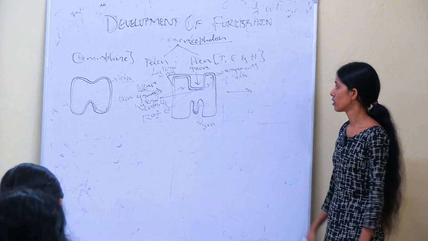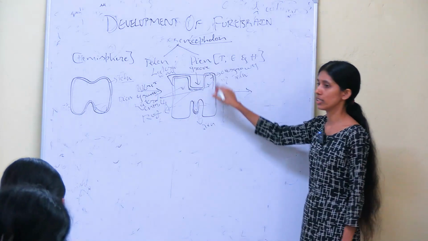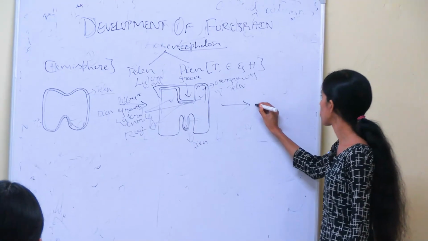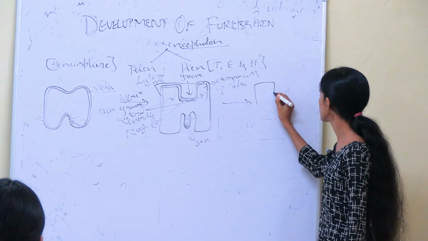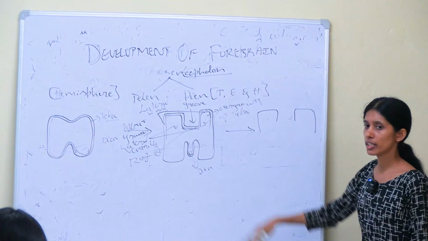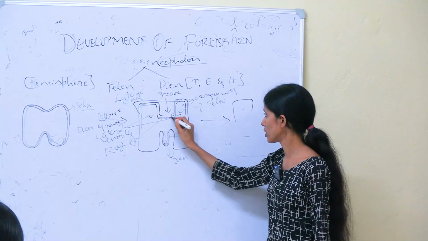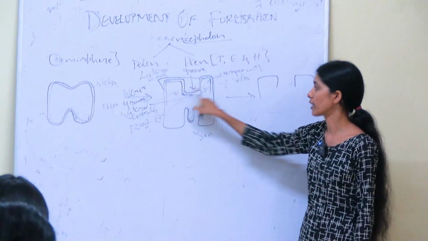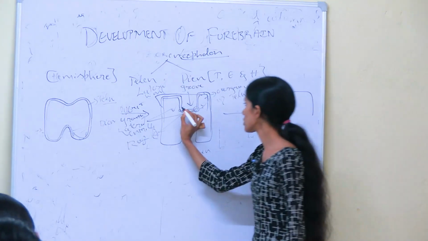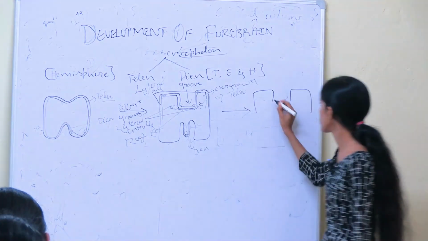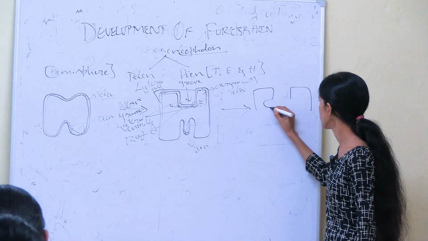Okay. So now we'll see what happened in your groove part. I'm going to draw only the half structure. A part of your groove, this region, will start invaginating into your lateral ventricle part. Once the invagination takes place, this is how the structure will appear.